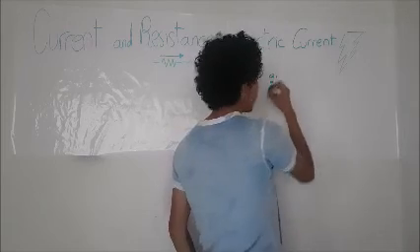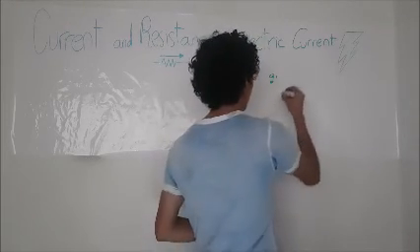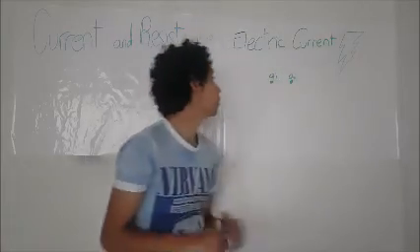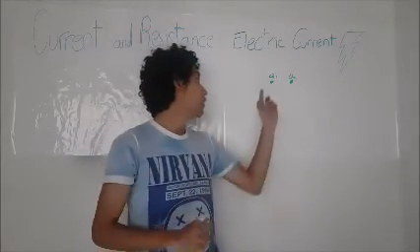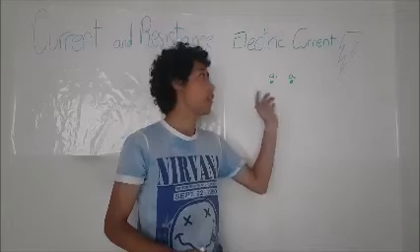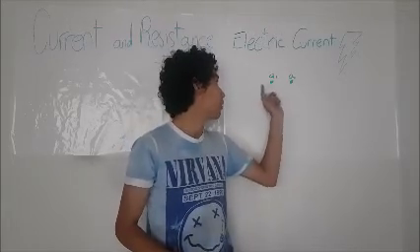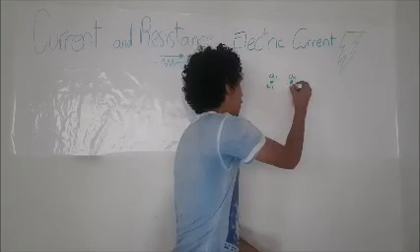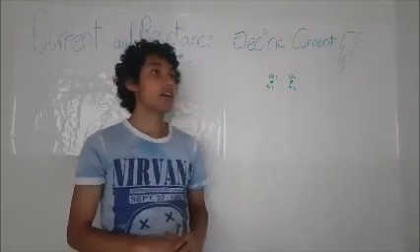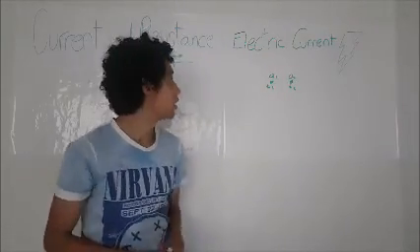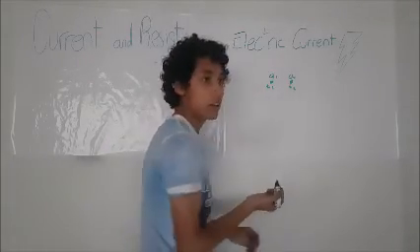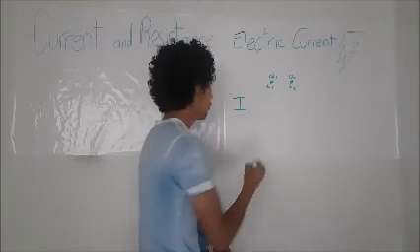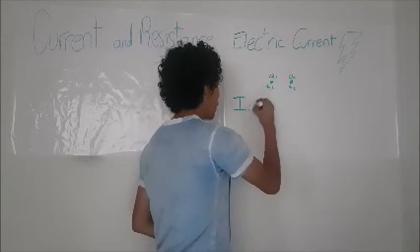And at the same point, some time later, we'll have Q2. And the rate of change between the first time and the second time is called the current. The current is represented with the letter I, and its units are amperes.